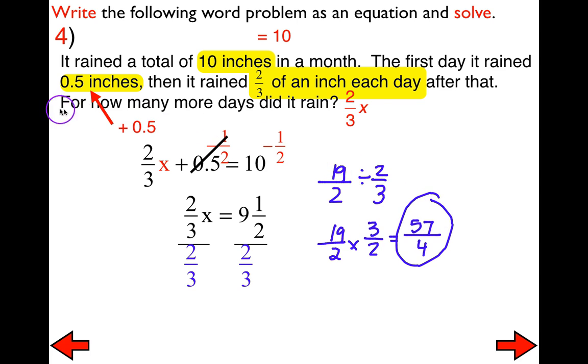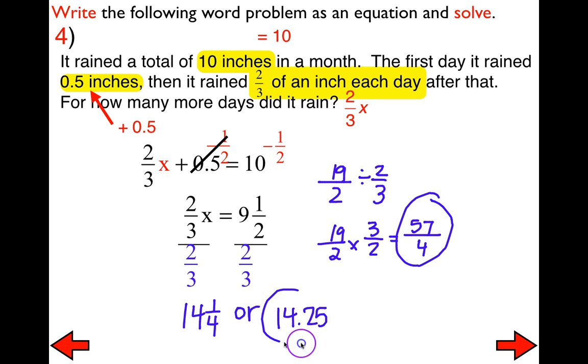However, they asked me how many more days did it rain. If you said 57/4 more days, that might sound a little bizarre to someone who is not familiar with improper fractions. So you might want to turn it into a mixed number. Some equivalent answers would be 14 1/4 or 14 25/100.